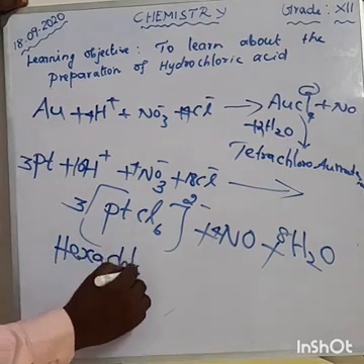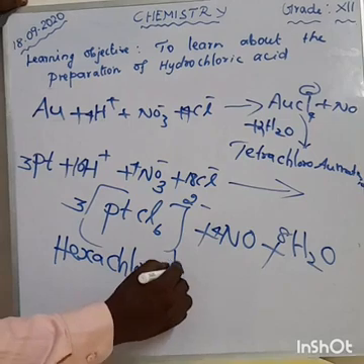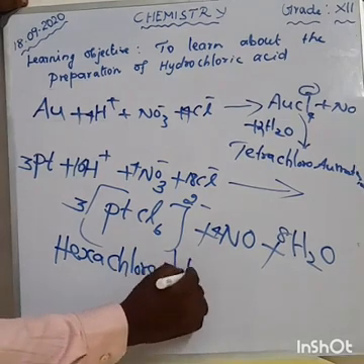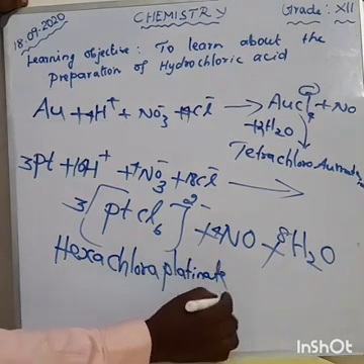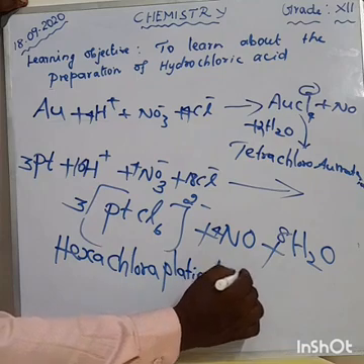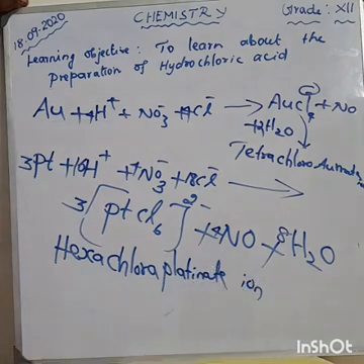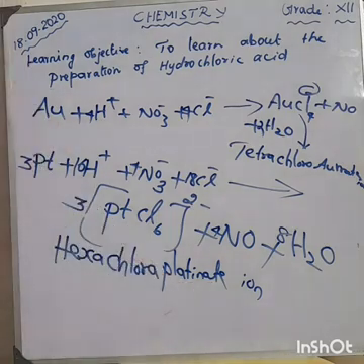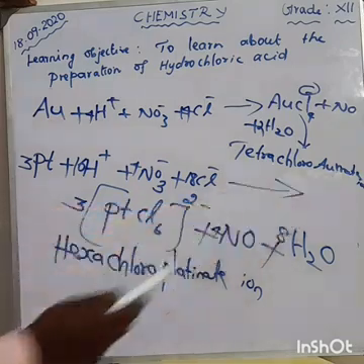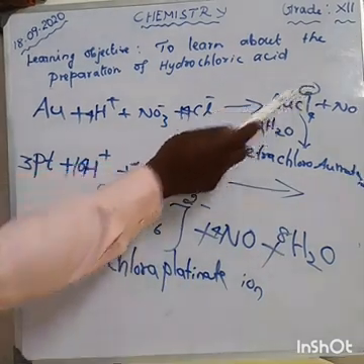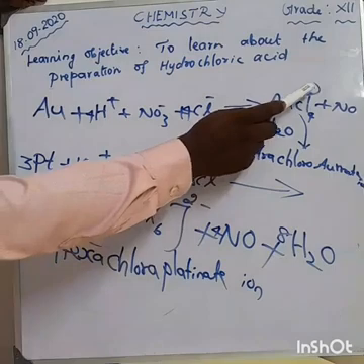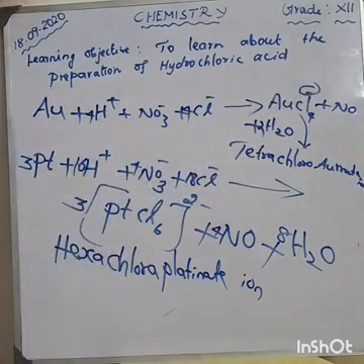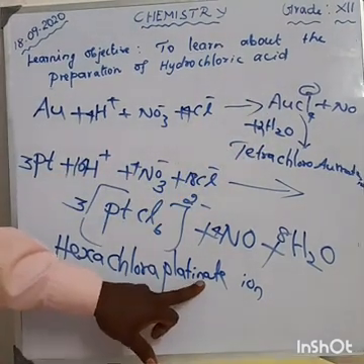Hexachloroplatinate ion. Okay. Here, why platinate? Here also having the negative symbol, so you should write platinate ion.